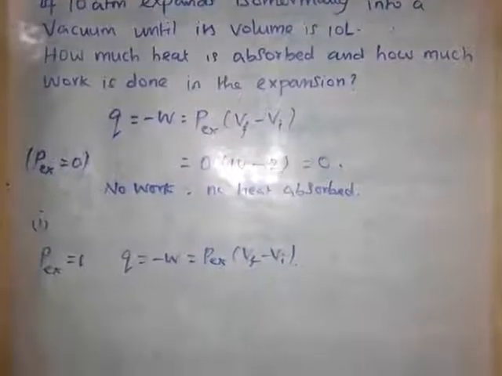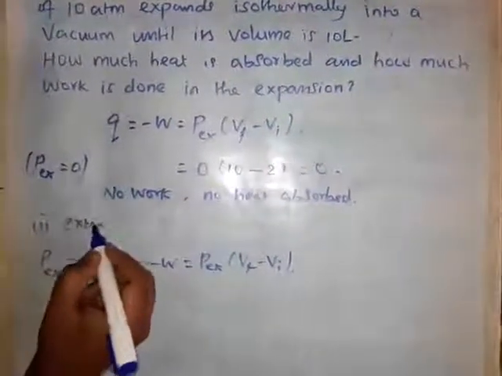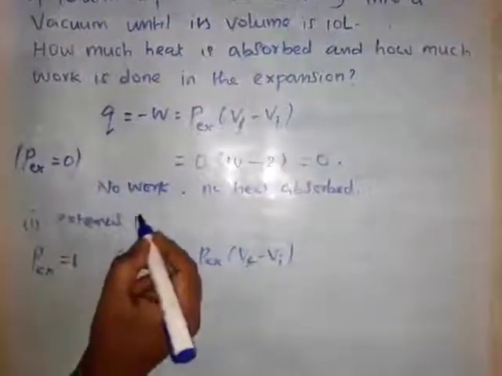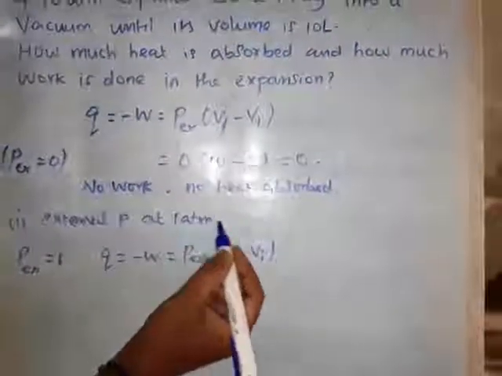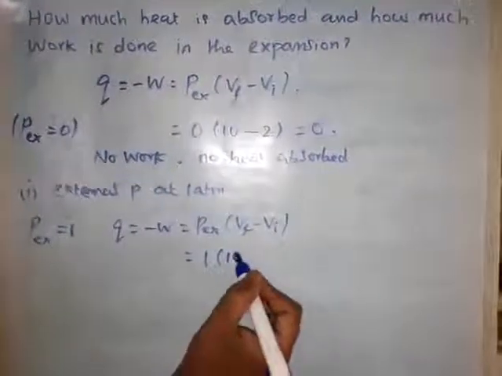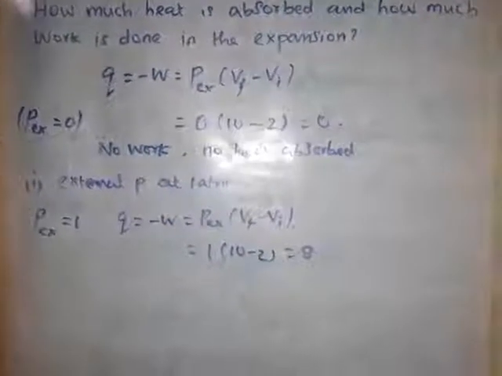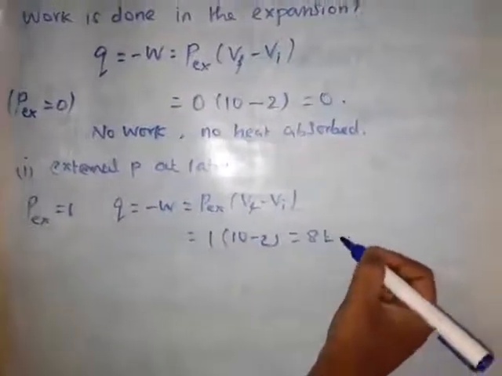So here the external pressure is 1 atmosphere. Apply the value 1 into 10 minus 2, which is 8, so it becomes 8 liter atmosphere.